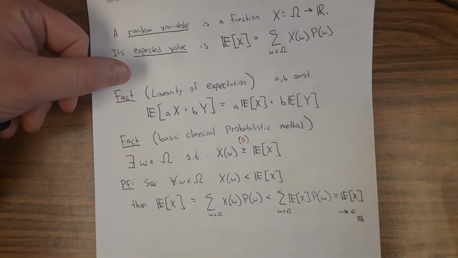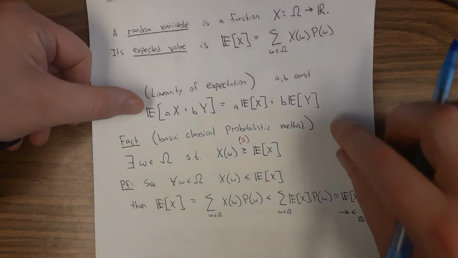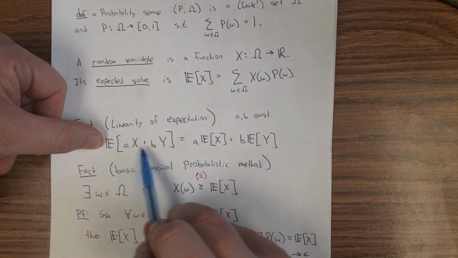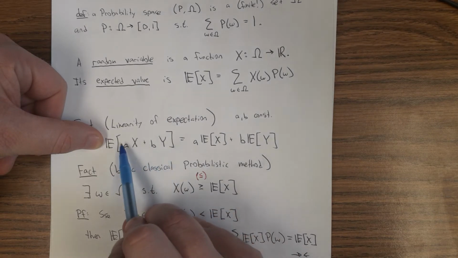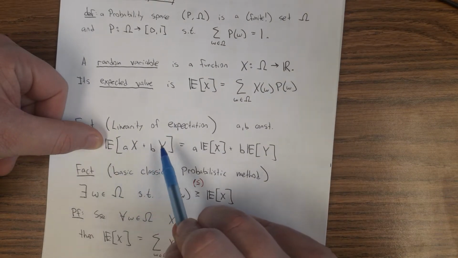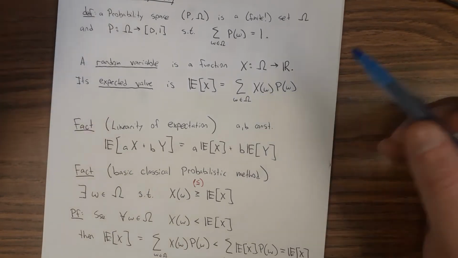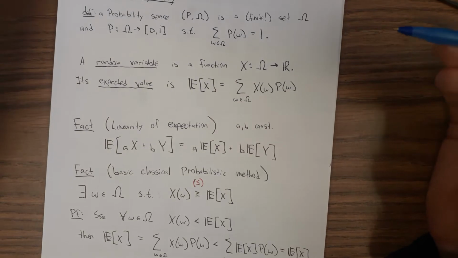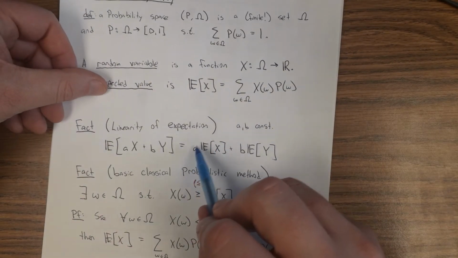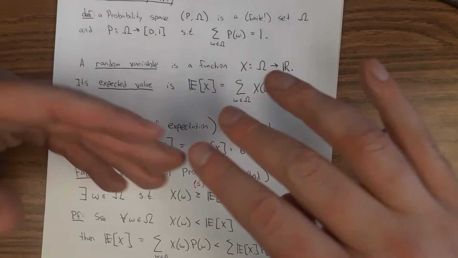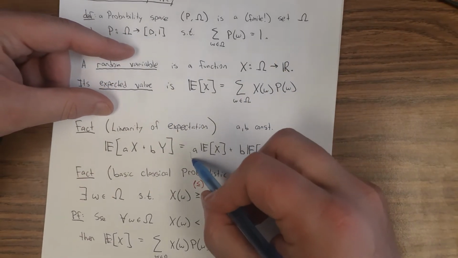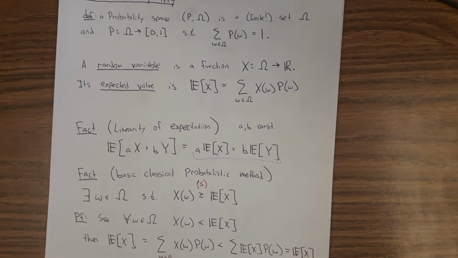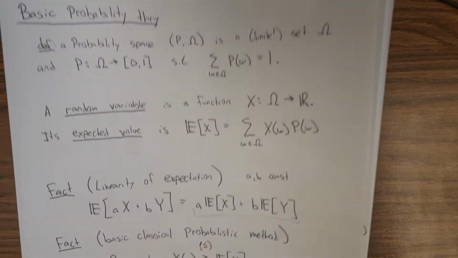This is called linearity of expectation. The proof of this is easy. Just go up here and plug this in, so instead of X, you'll have aX plus bY, and then we know that we can pull constants out of sums, and I know that I have the distributive property. So if you plug it in here and then take that sum apart, you will get this. So that proof is pretty much by definition.